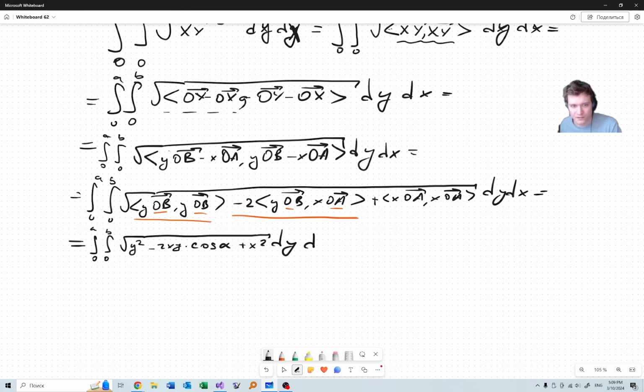dy dx. So it would be really easy if only cos alpha was 0, but this is not the case. Or 1. 1 is better, not 0, 1. But this is not the case. Cos alpha can be anything between minus 1 and 1. So we have a problem.